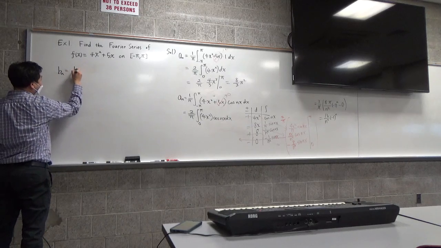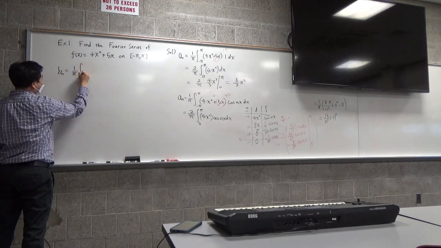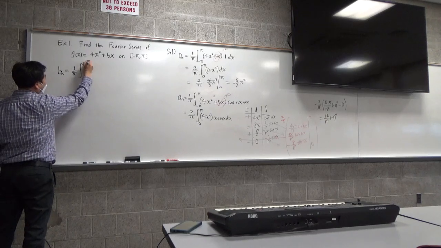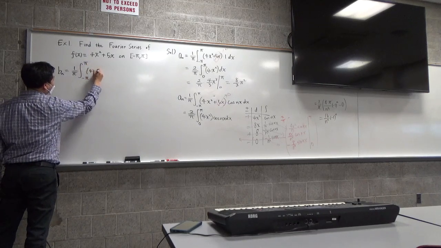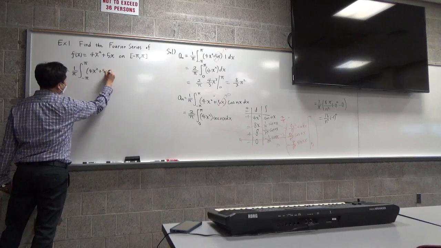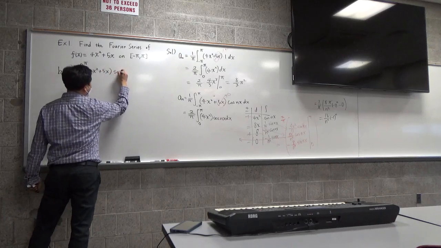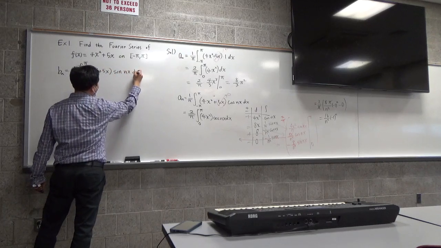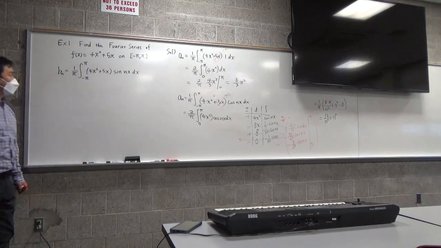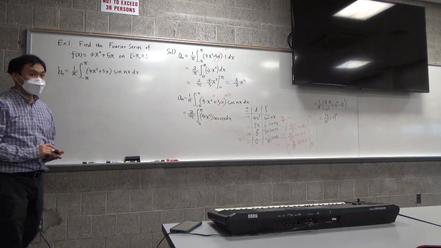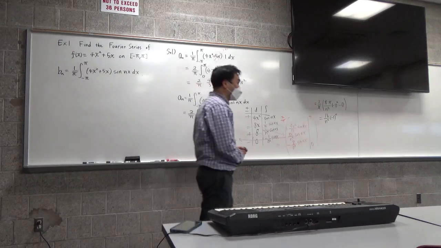Okay. So now try Bn. I'll give you some time to do Bn. This will be this. First, identify which one will give you 0.